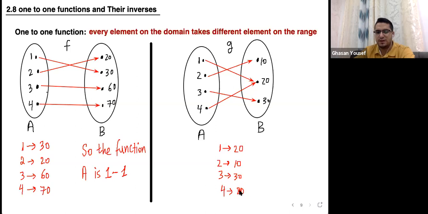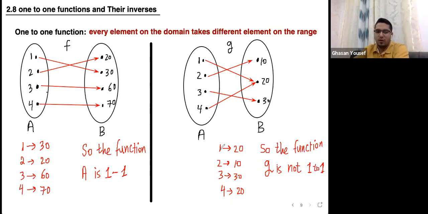This means the function is not one-to-one. Correct, Bilal? Ryan, correct? So the function g is not a one-to-one function.